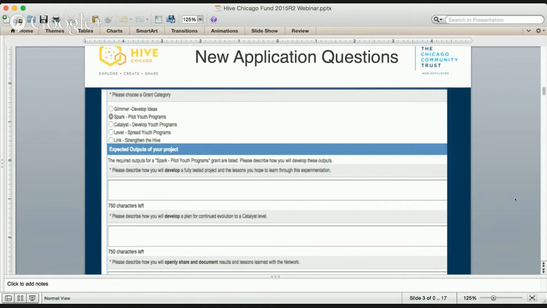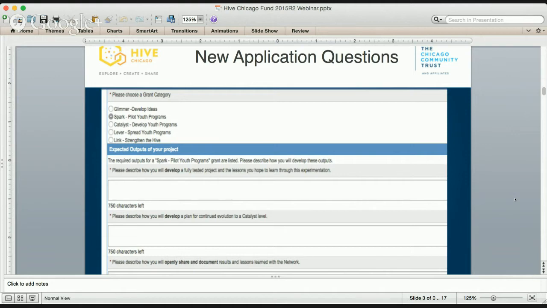So the fund wants to know how you're going to go about developing that plan. What are the strategies you're going to employ to develop that output? And likewise, with the openly shared and documented results, Sana named blog posts or Google Drive as strategies for producing that openly shared output.